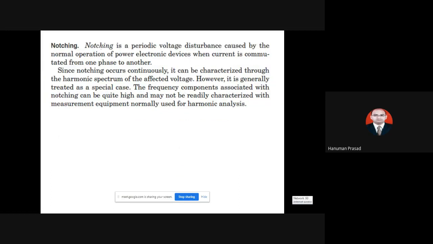Notching. Notching is a periodic voltage disturbance caused by the normal operation of power electronics devices when current is commutated from one phase to the other phase.